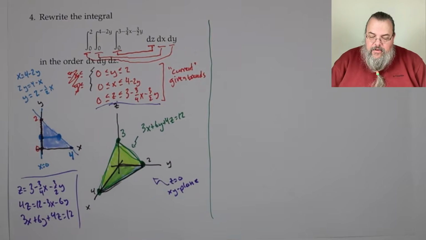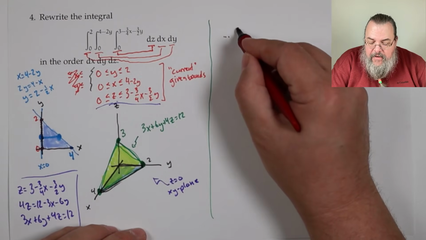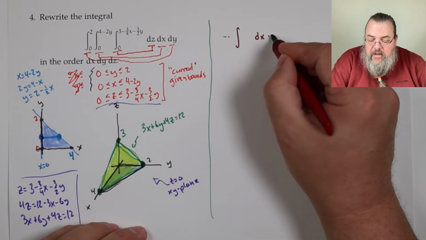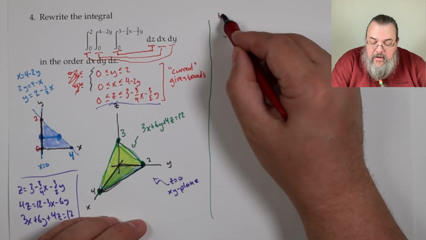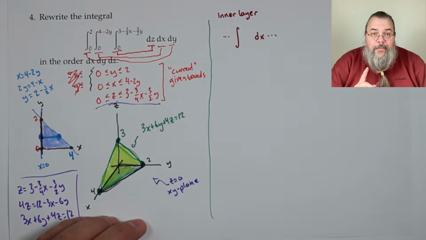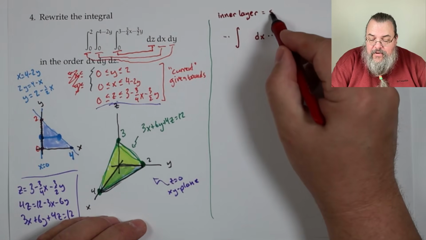So we want to do something where we say, okay, we have our integral dx, dot, dot, dot. Okay, so the inner layer. Now, the inner layer of a triple integral, this is the surfaces.